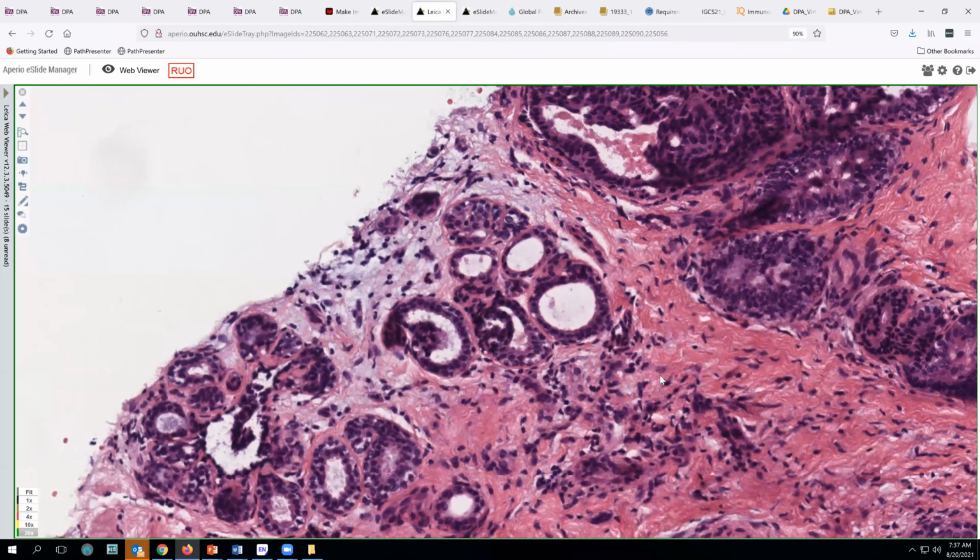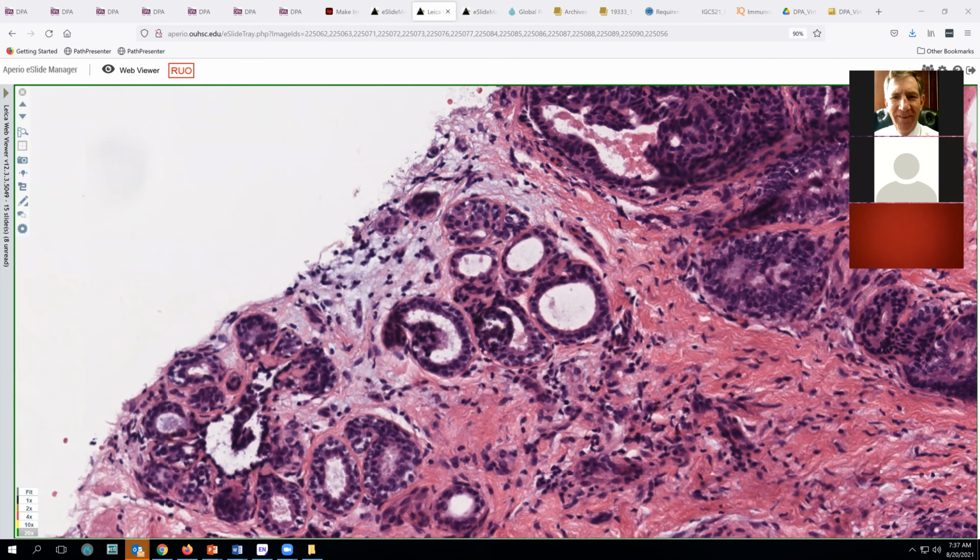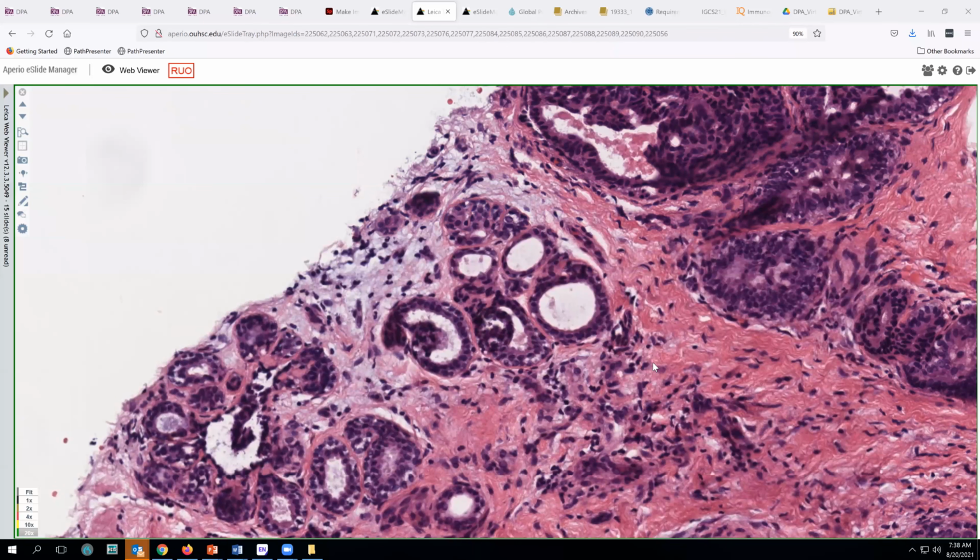But we typically will do 9 step-level sections through the sample, and we will stain with H&E section 1, section 5, and section 9. And that allows us several intervening unstained sections to be able to then use for immunohistochemistry.